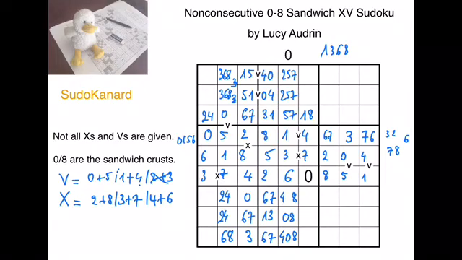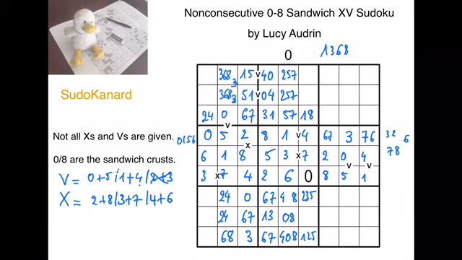Yes, it's up there. On this column, we still need 1, 3, 2, 5. So 1, 2, or 5, 2, 3, or 5 here.